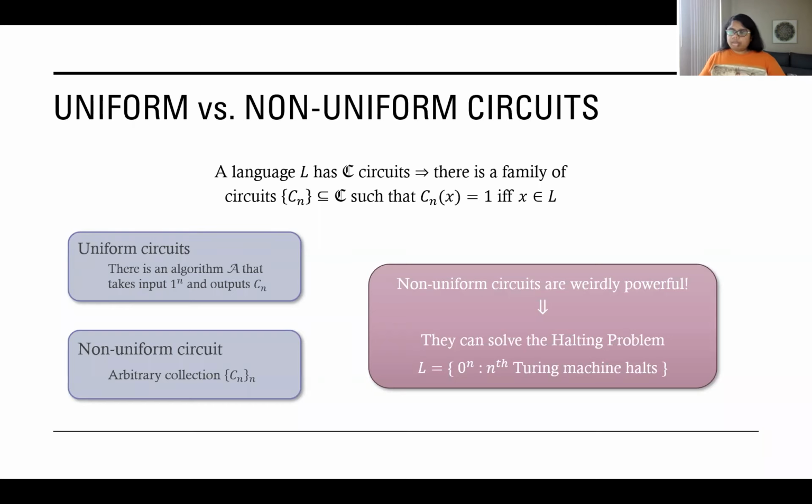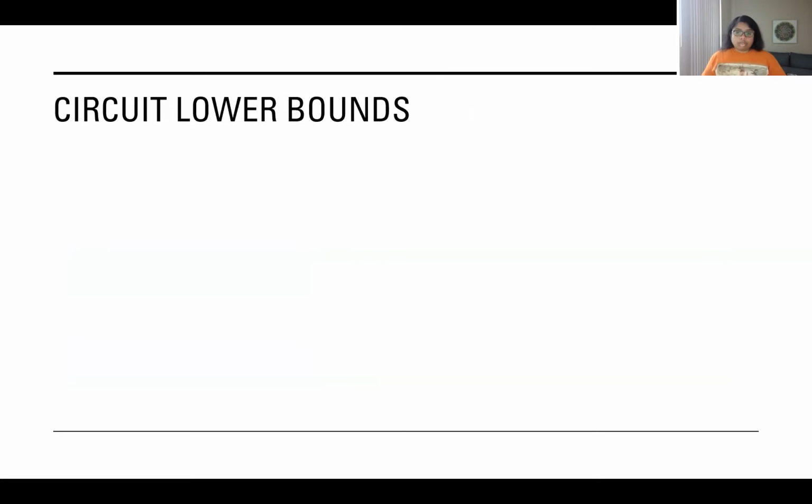Then the question becomes, how do we understand or relate the power of uniform and non-uniform circuits? And that's where circuit lower bounds come into the picture. Hopefully you want to be able to separate these things or show that they do very different things. And there's an explicit way of proving that.